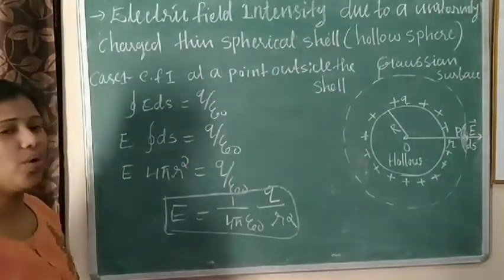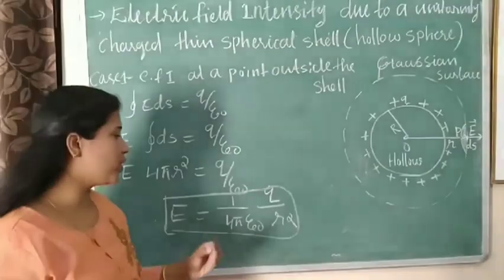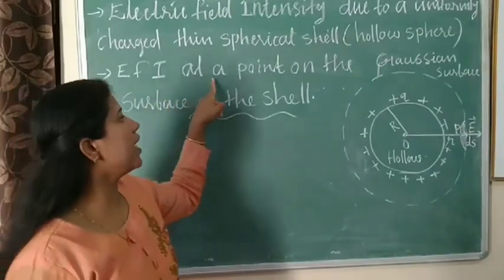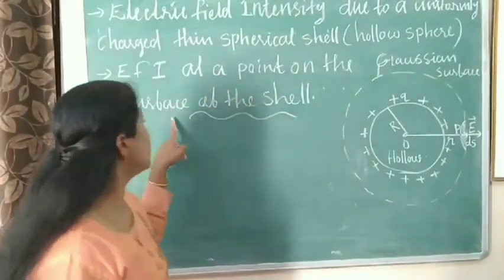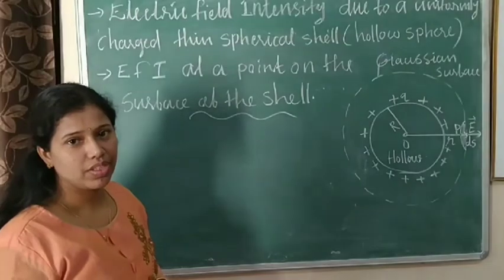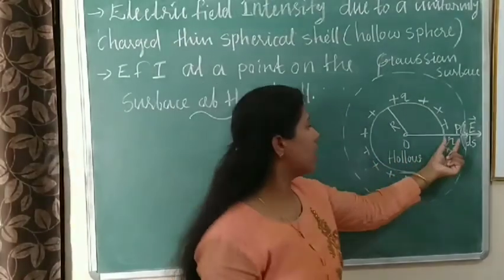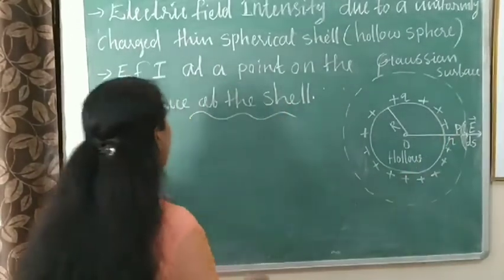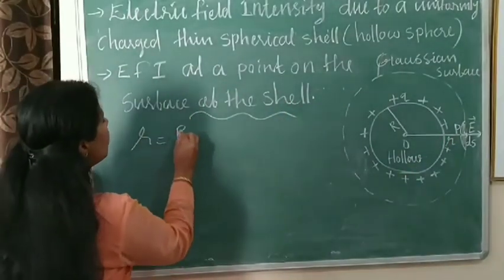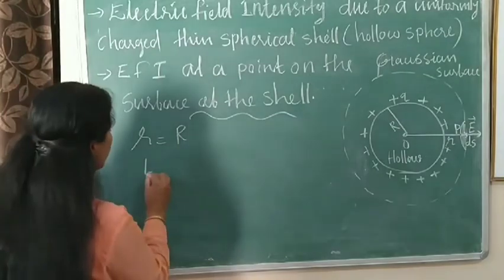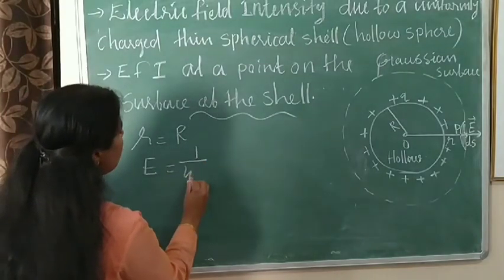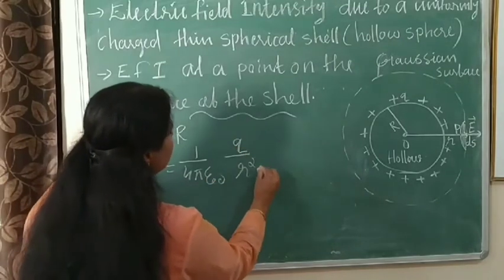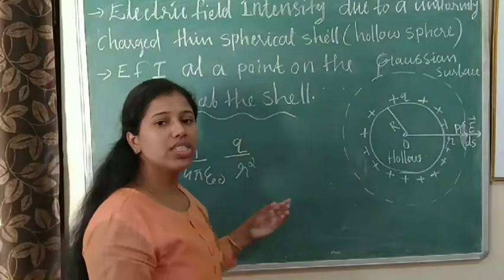E equal to 1 by 4 pi epsilon naught q by r square. Second case, electric field intensity at a point on the surface of the shell. We know that this point P is on the surface of the shell, so we can write r is equal to capital R. Our equation E is equal to 1 by 4 pi epsilon naught q by r square, which was for outside the shell.